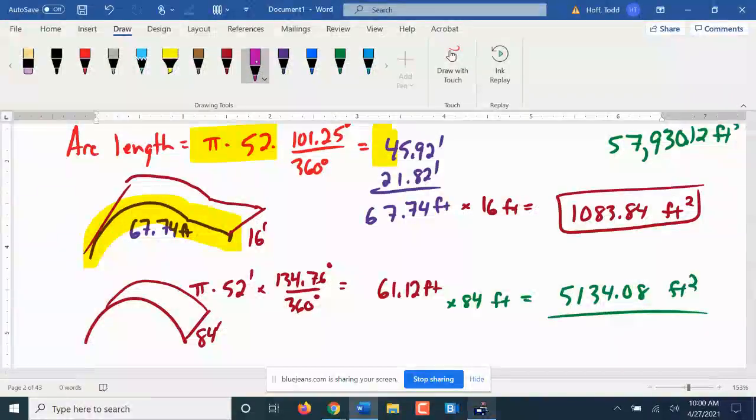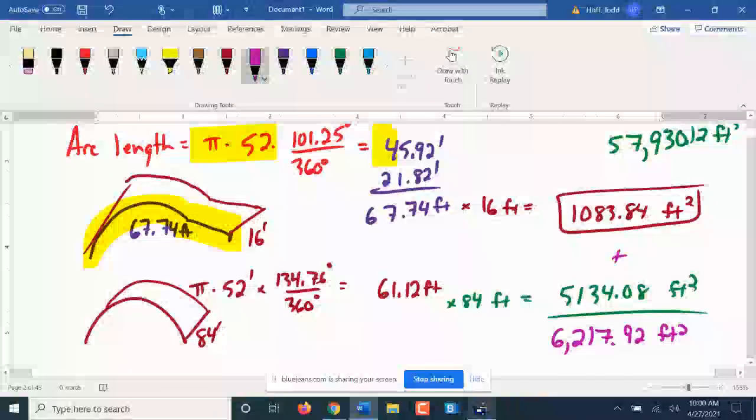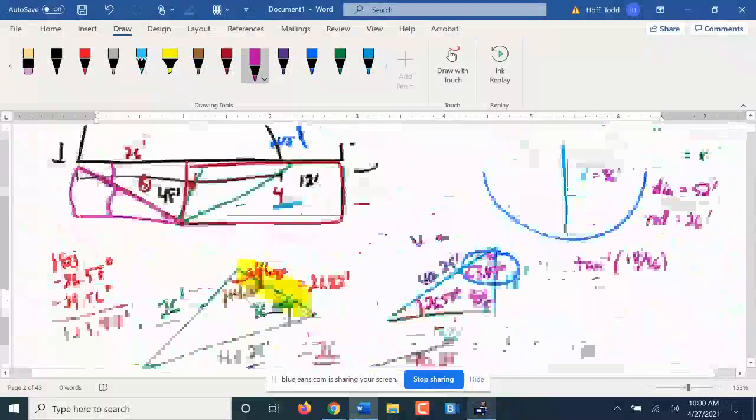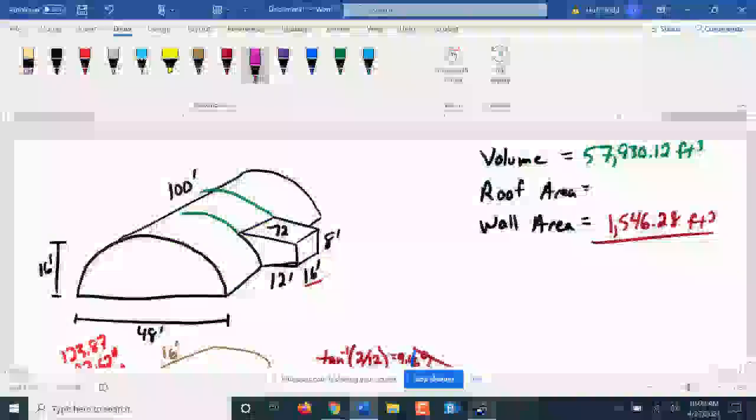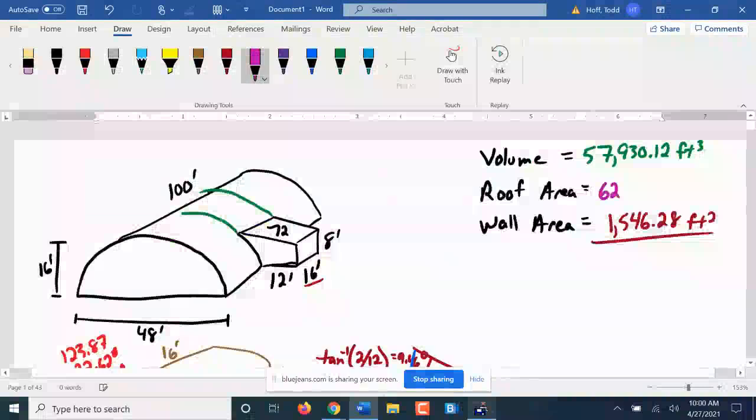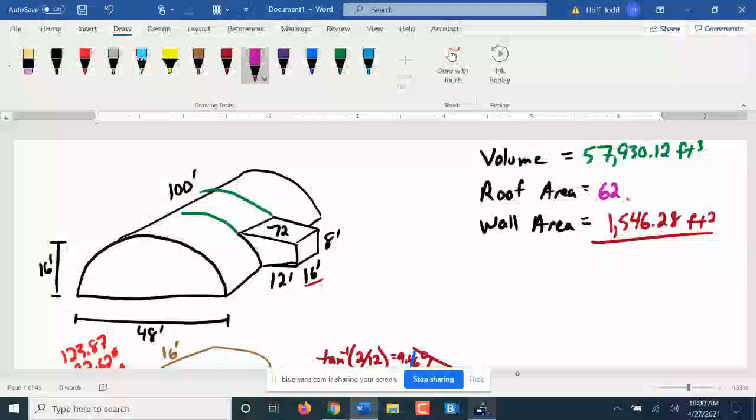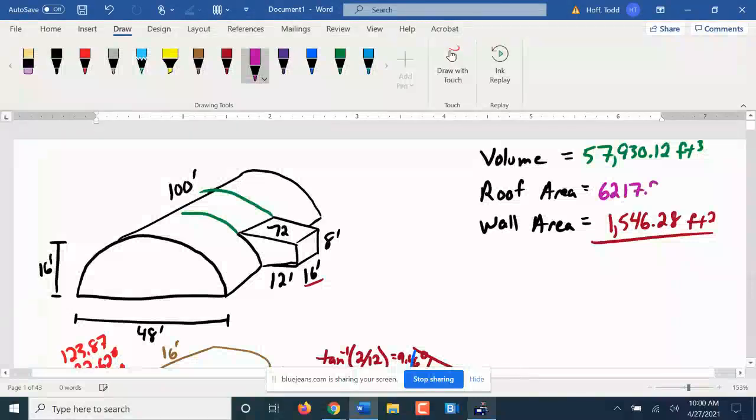And we're simply going to add those together here. Get 6,217.92 square feet of roof area.